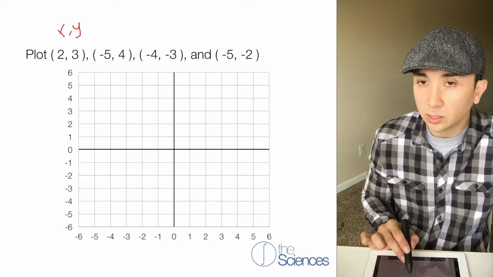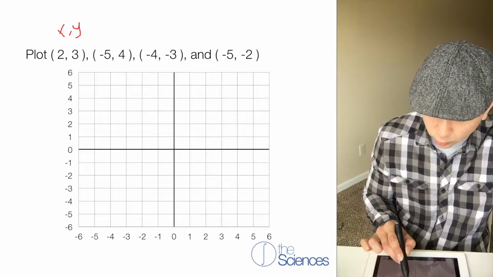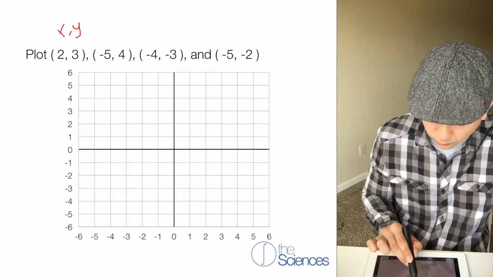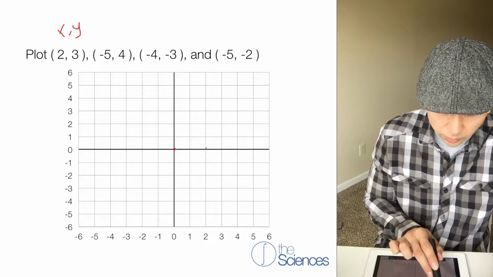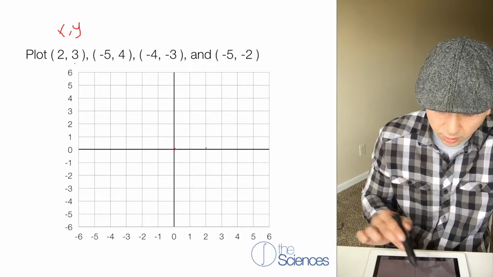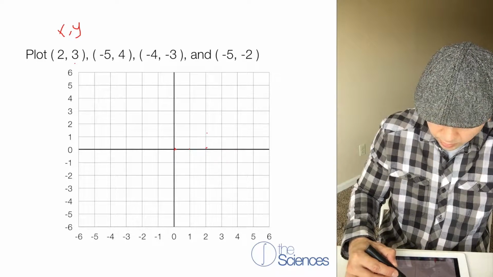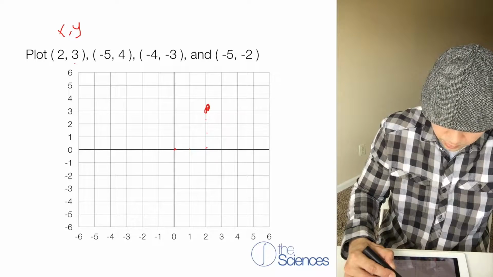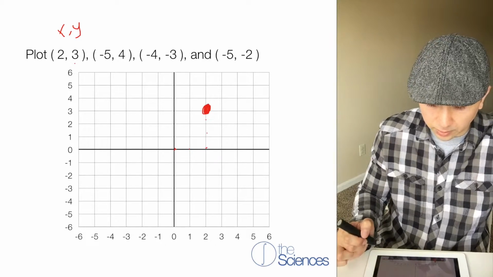So the first thing we're going to do is on the x-axis, go 2 places to the right, starting from 0. So 1, 2, and then we're going to go 3 places up on the y-axis. 1, 2, 3. So that's the point (2, 3).